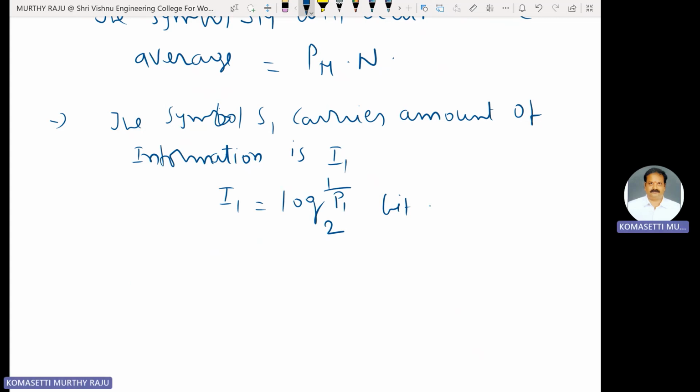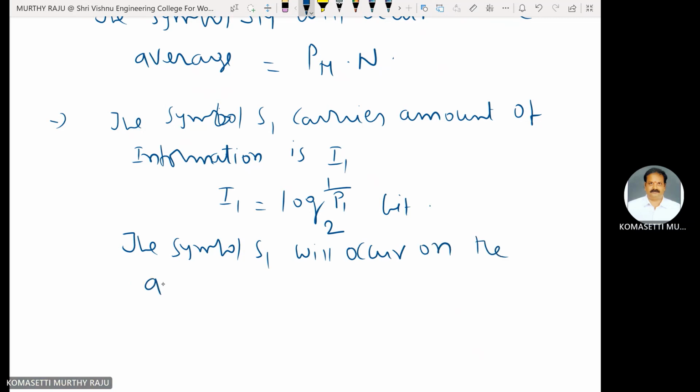The symbol S1 will occur on the average, which is equal to the probability of occurrence of that symbol into N times.